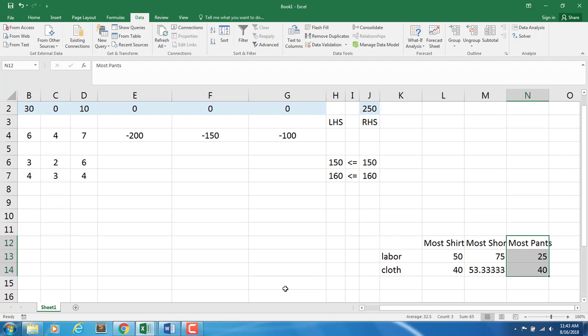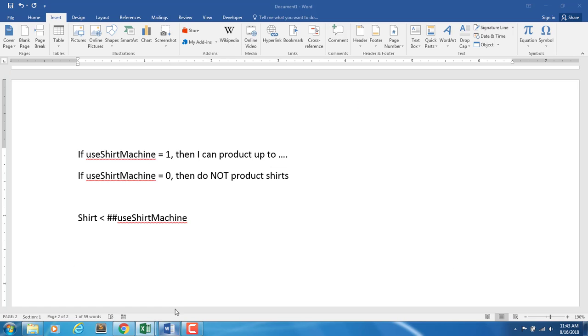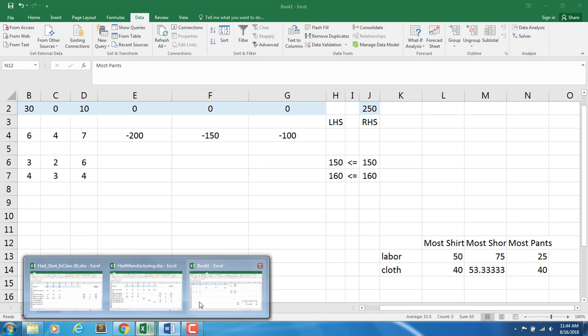So I'm going to pick 100. Then this number here will be 100. When I move it over, it'll be shirts less than or equal to 100 times use shirt machine, or shirts minus 100 times use shirt machine less than or equal to 0. So let's try adding those constraints and see if that works.